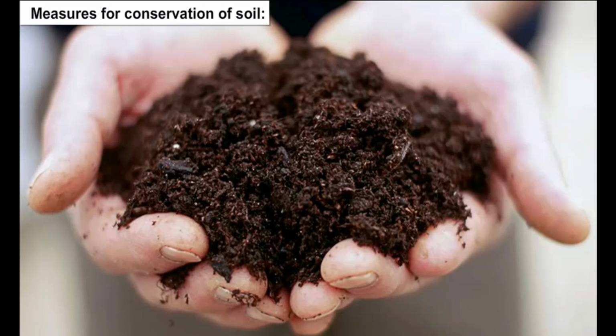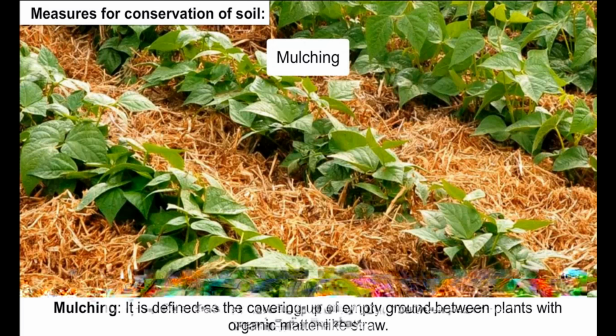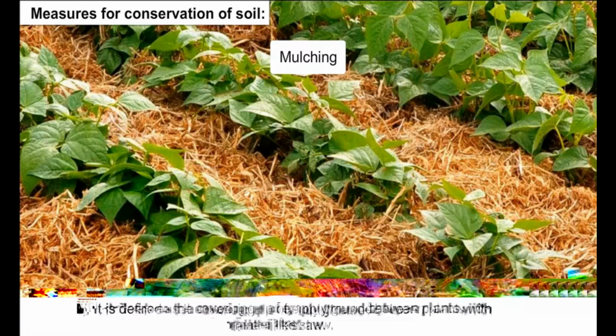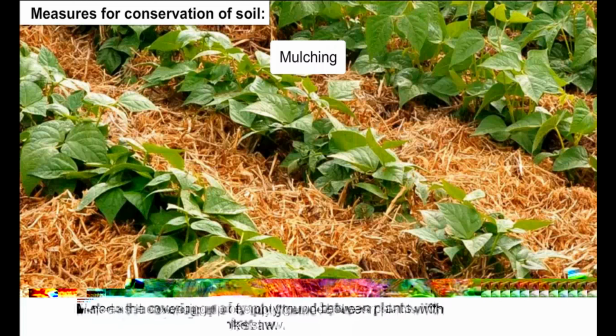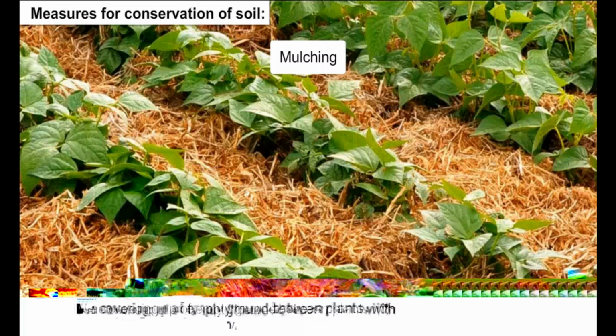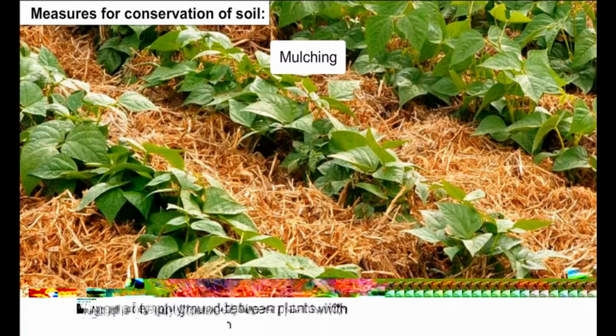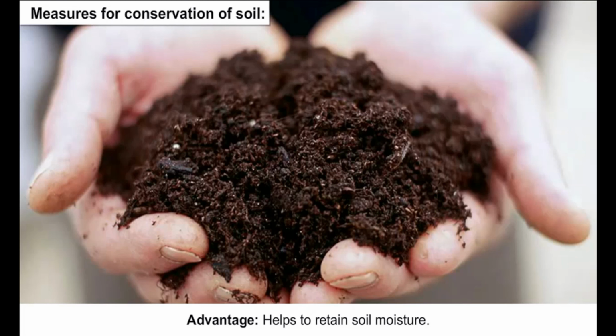Measures for conservation of soil. Mulching. It is defined as the covering up of empty ground between plants with organic matter like straw. Advantage: helps to retain soil moisture.